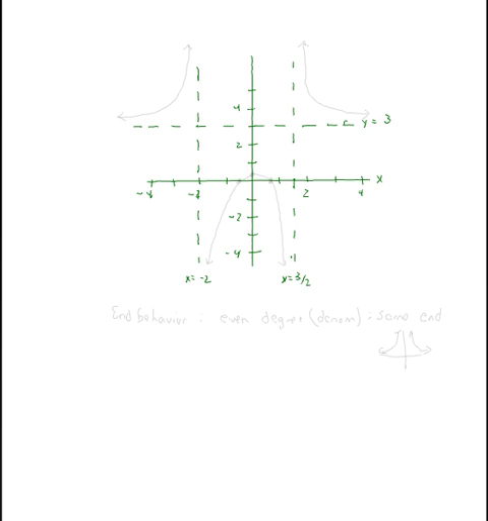Now we did pull more information from this function. We found zeros, x-intercepts, when x is 2/3, so 2/3 of the way between 0 and 1, and also where x was -1/2. This helps a lot because we rarely know exactly what the middle of these rational functions are going to behave like.